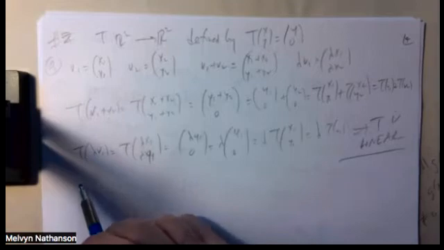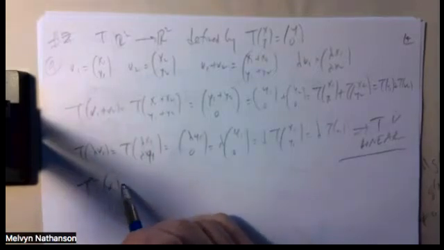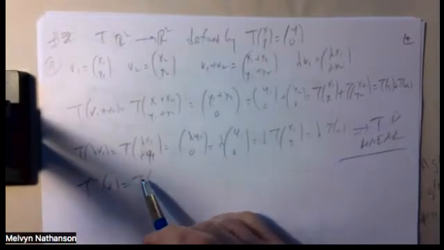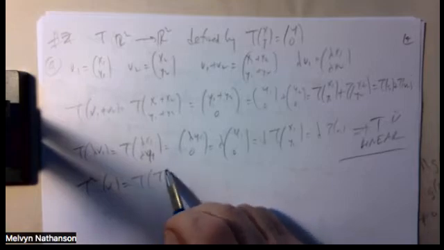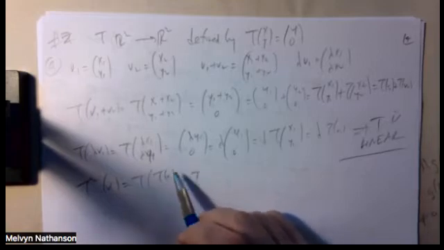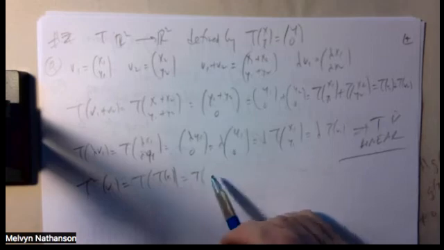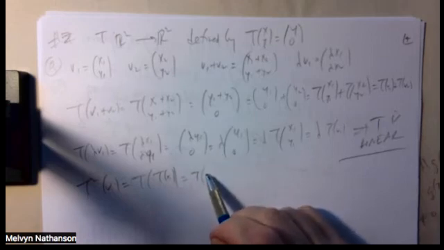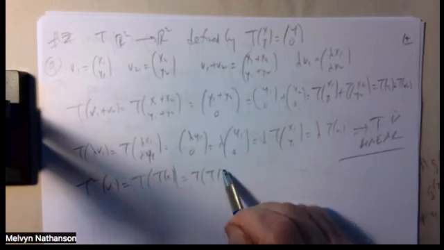So that's part A. Okay, almost part A. What is T squared of V1? That's T of T of the vector X1, Y1.